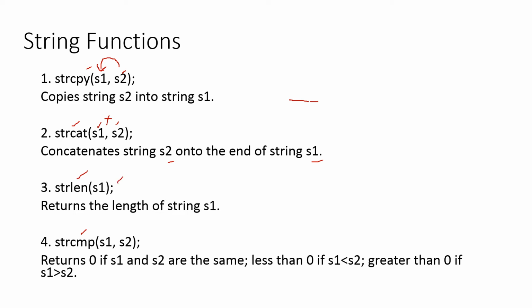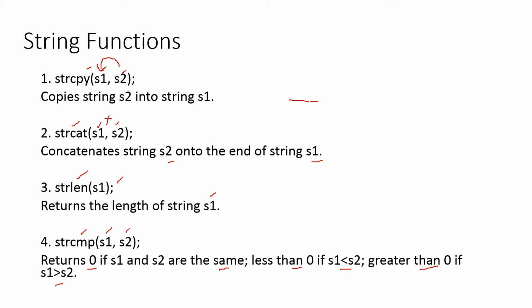Returns the length of the string s1. And then string compare. S1 is one string, s2 is one string. You are comparing both. The answer will be 0 if both are the same, less than 0 if s1 is less than s2, and greater than 0 if s1 is greater than s2.